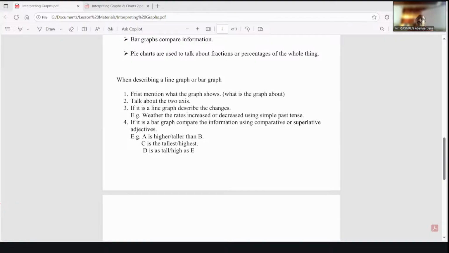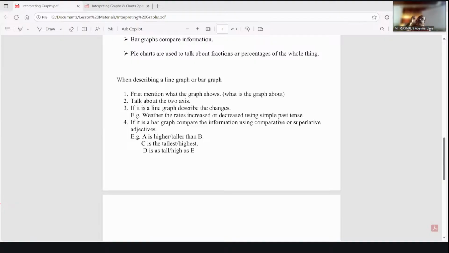Why? We take the details from past sources. For example, when we talk about the dengue cases reported during the last 8 months, the last 8 months are gone. Therefore, we have to use the simple past tense.